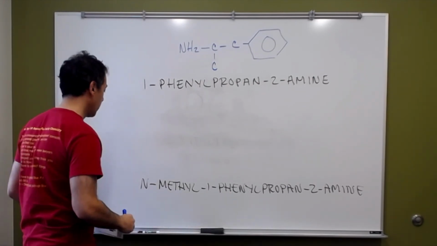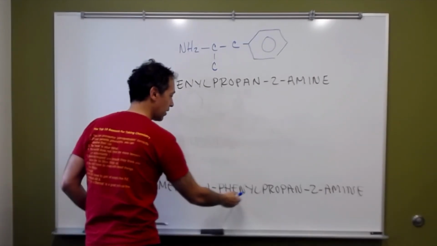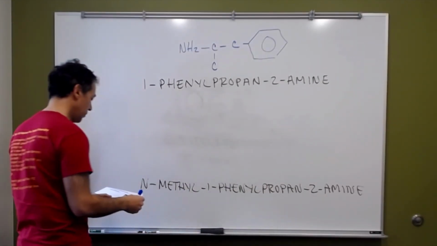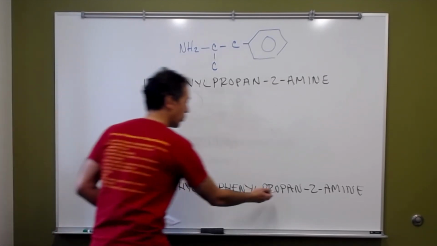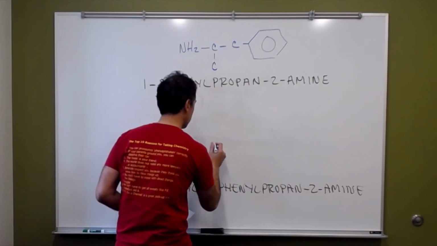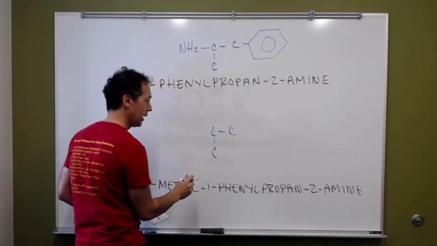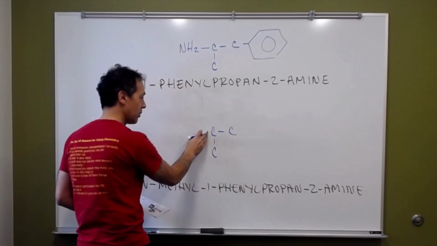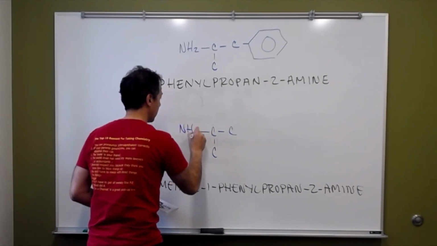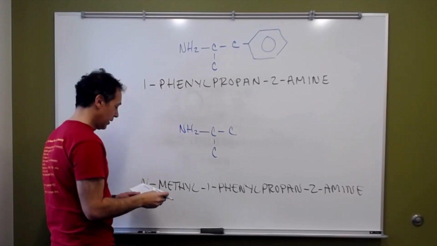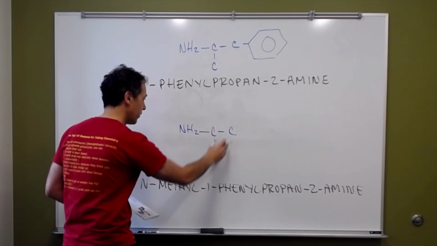Okay, so now here we have N-methyl-1-phenylpropan-2-amine. Well, that seems very similar, does it not? So we have this propan-2-amine. So I'm going to go carbon, carbon, carbon, okay? And off of the second carbon is my amine. Okay, and then I've got a phenyl coming off of the first carbon.